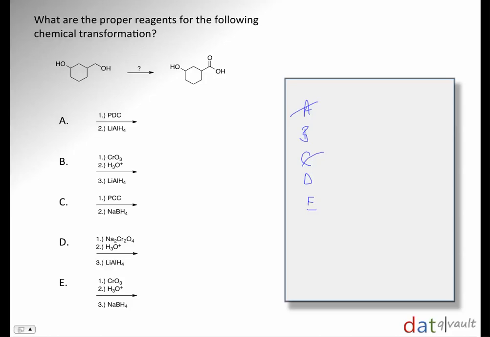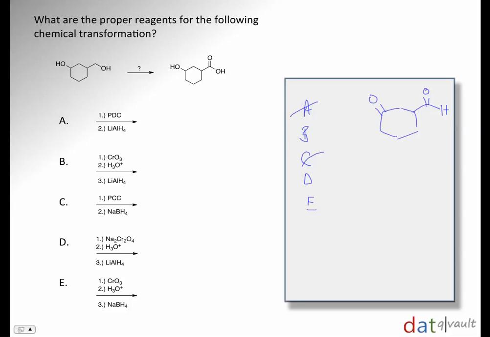So the next step after we get oxidation is to be able to selectively reduce the compound that we get from the oxidation down to this compound right here.